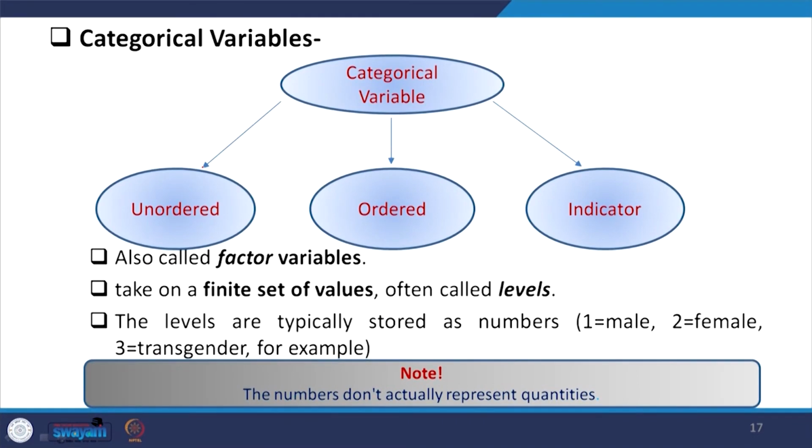Now, categorical variables, of these 3 types. Like the meaning of category, it may be in order or may not be in order. So, ordered, unordered or indicator variables. These are also called categorical variables or factor variables, and they take on a finite set of values, often called labels. Since it is ordered, unordered or even indicator, some boundary limits are actually defined.